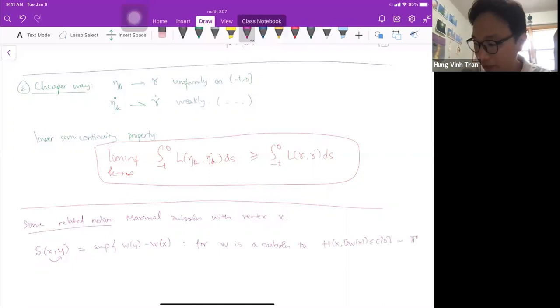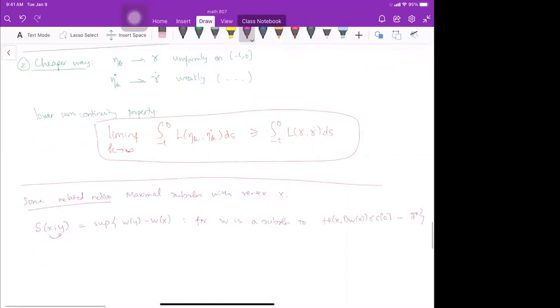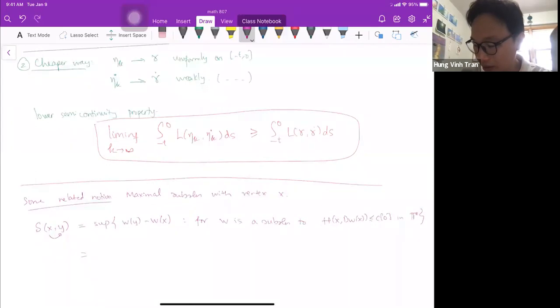We have talked about subsolutions and stuff like that, right? This is the PDE definition, and the definition in dynamic terms is the infimum over all time greater than 0 of the action functional, in which gamma 0 starts at the vertex x and gamma t, the ending point, is y.